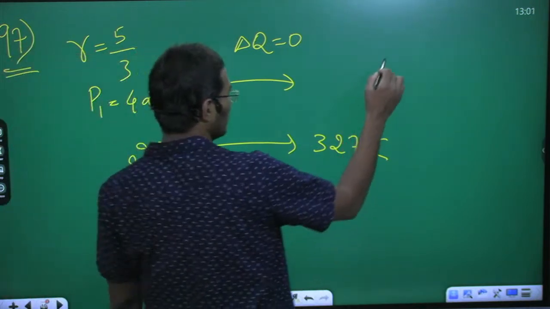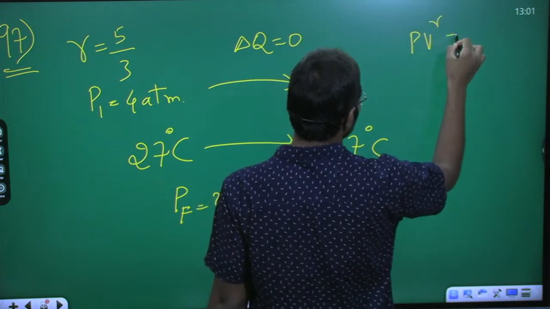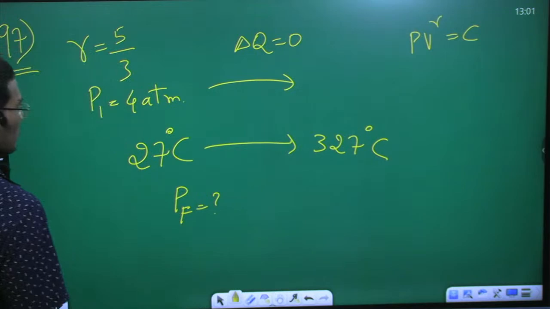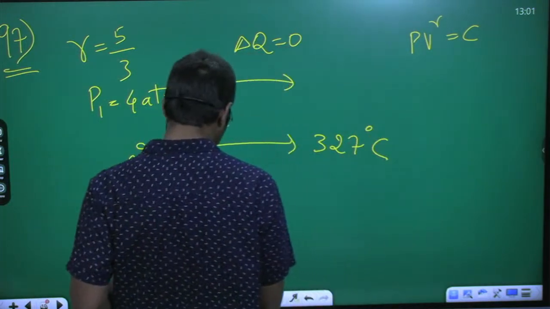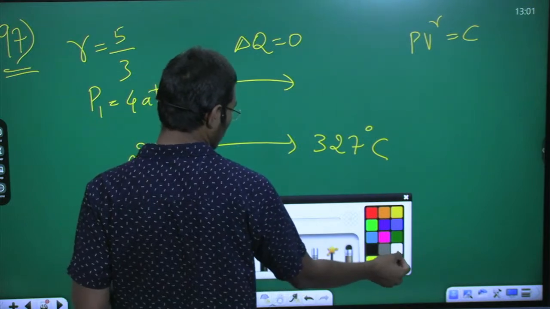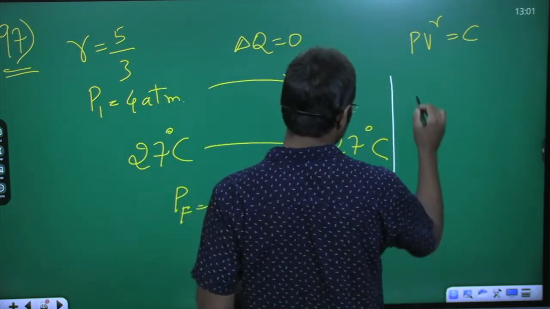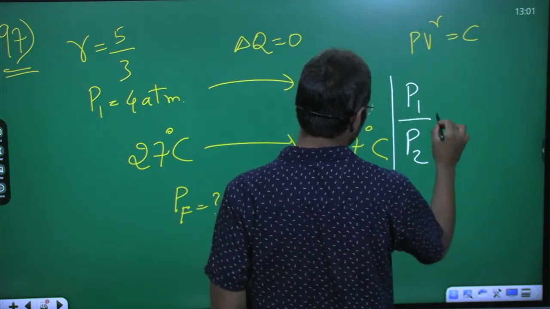We all know that PV power gamma is equal to constant is the equation for an adiabatic process. I'll tell you a shortcut so that you can use it anywhere. You can use this relation for an adiabatic process whenever you find it.